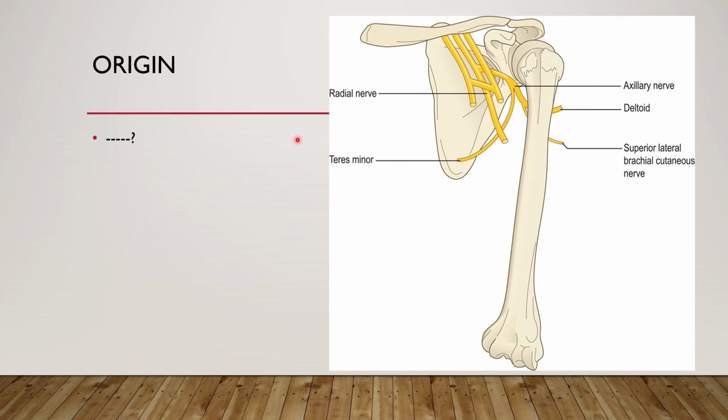It is formed from the posterior cord of brachial plexus. So you can tell us it is formed from the posterior cord of brachial plexus. That's the correct option.